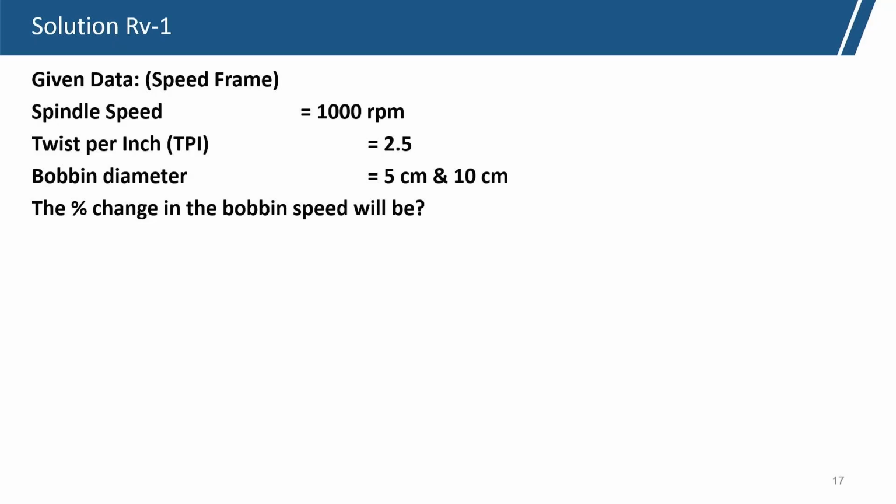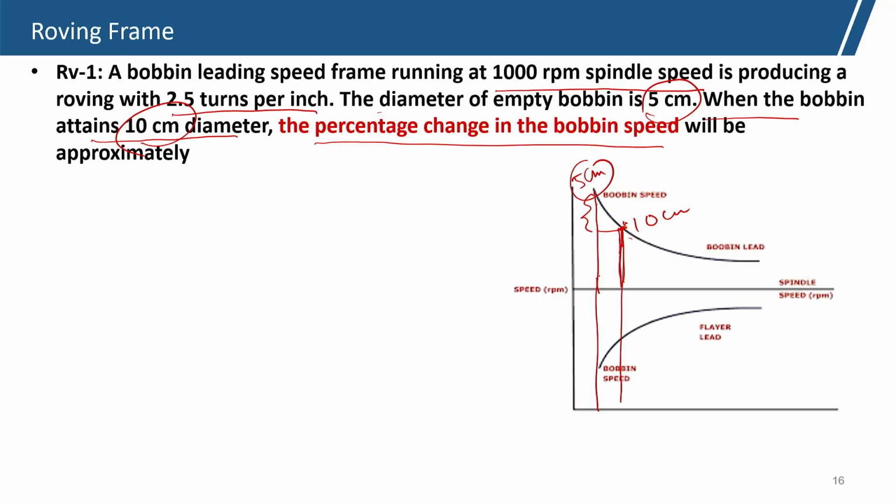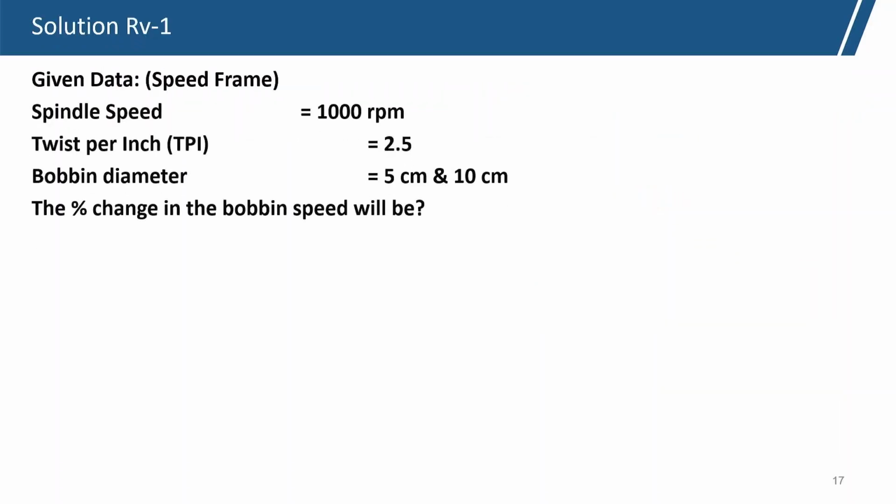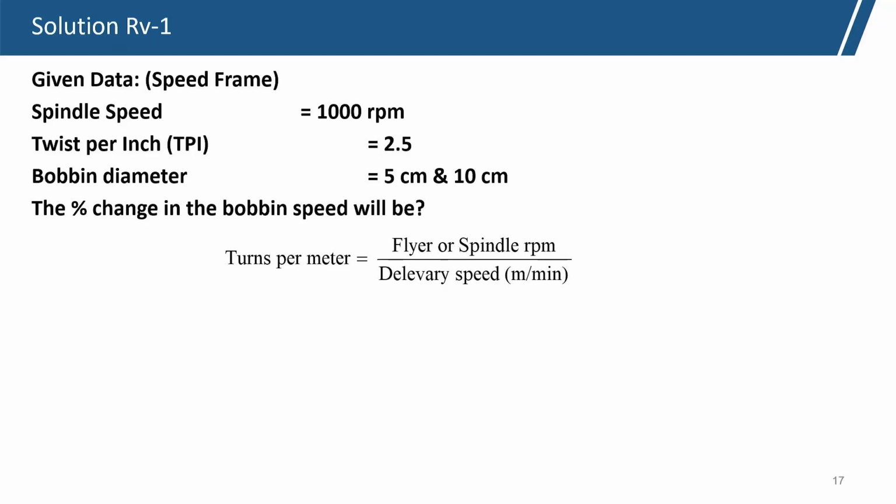These are the given data: spindle speed is 1000 rpm, twist per inch is 2.5, bobbin diameters are 5 centimeter and 10 centimeter, and percentage change in bobbin speed we have to calculate. So, turns per meter is flare speed or spindle speed divided by delivery speed.